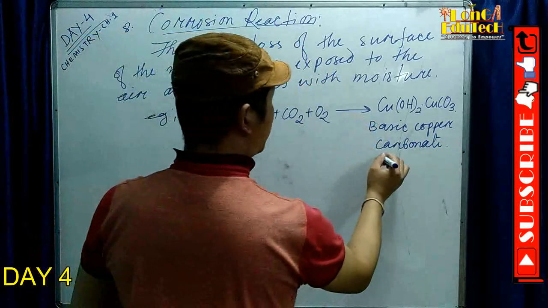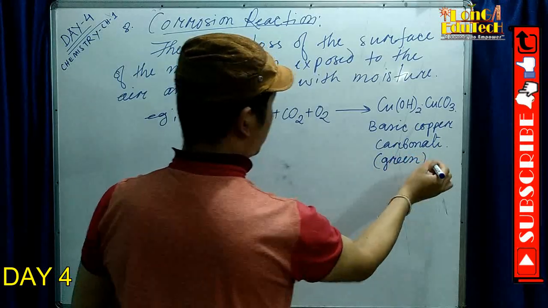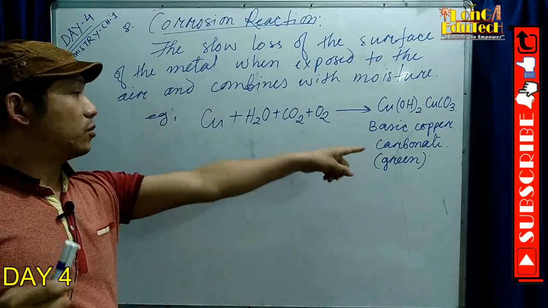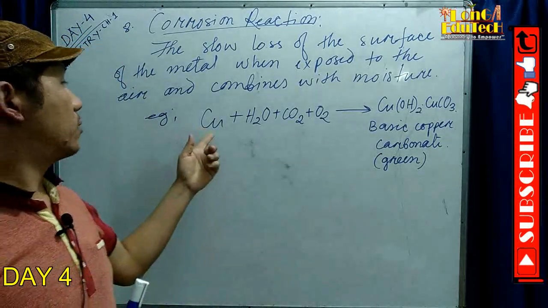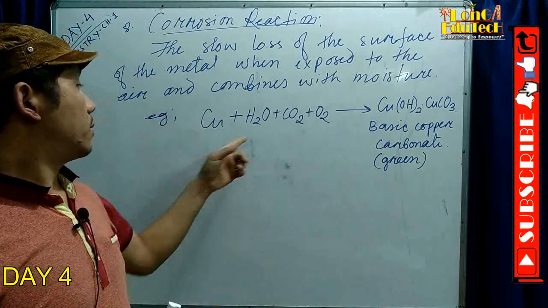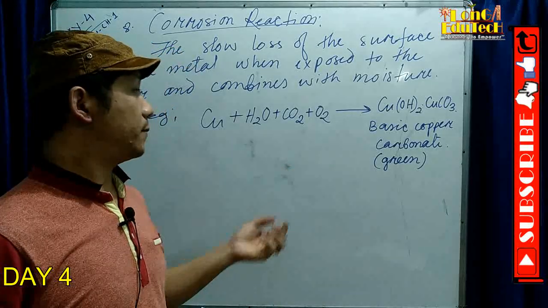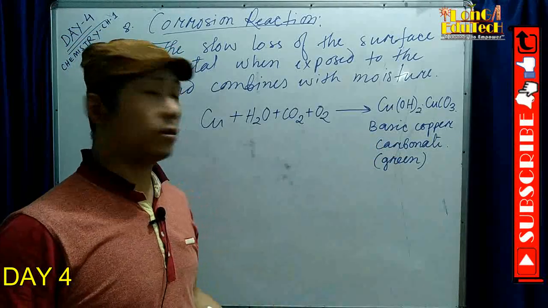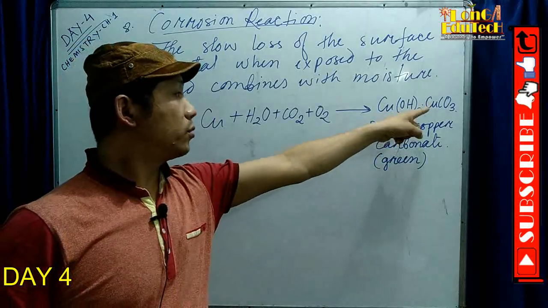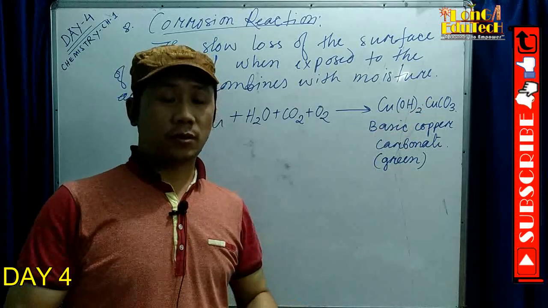And the color you will find is a green coating on the surface of the copper metal. This is the basic copper carbonate formed when copper is left in the atmosphere. Water, carbon dioxide and oxygen react together and form it. Don't get confused: basic copper carbonate is Cu(OH)2·CuCO3.